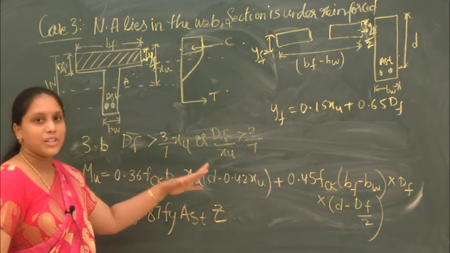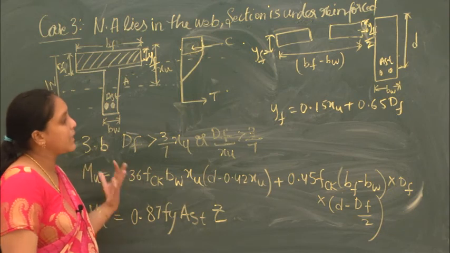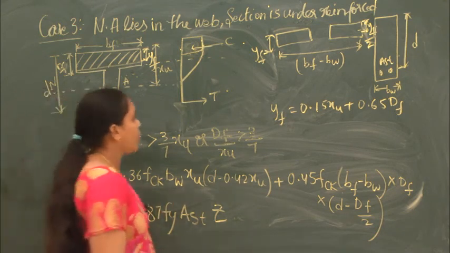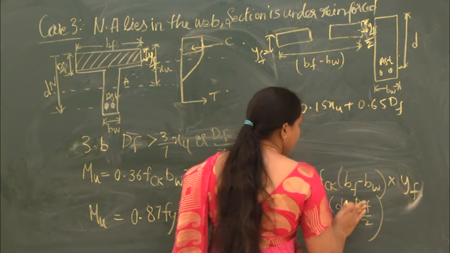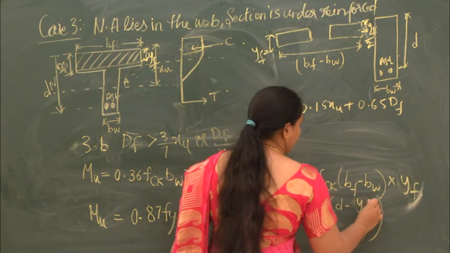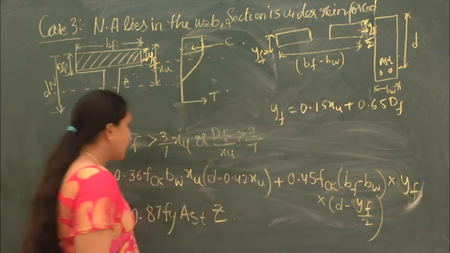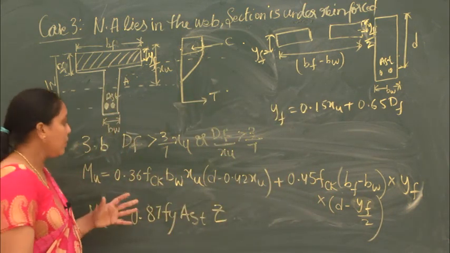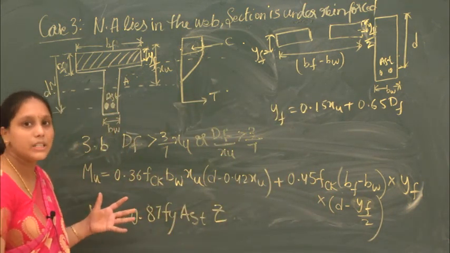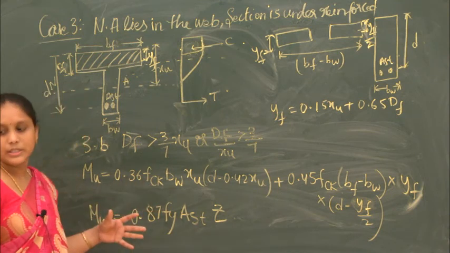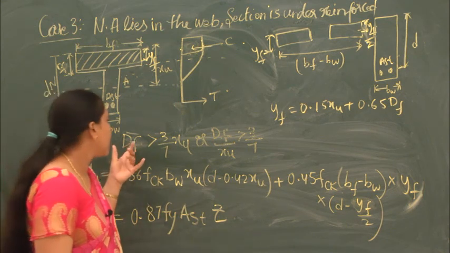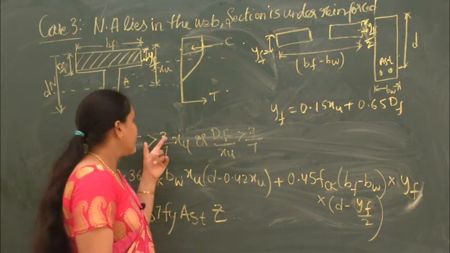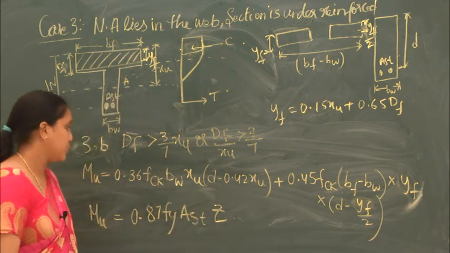In the same equations we are going to replace the dF with YF. So this will be YF and this is also going to be YF. So these are the two equations for calculating the moment of resistance when we have considered that the depth of the flange is greater than 3 by 7 XU.